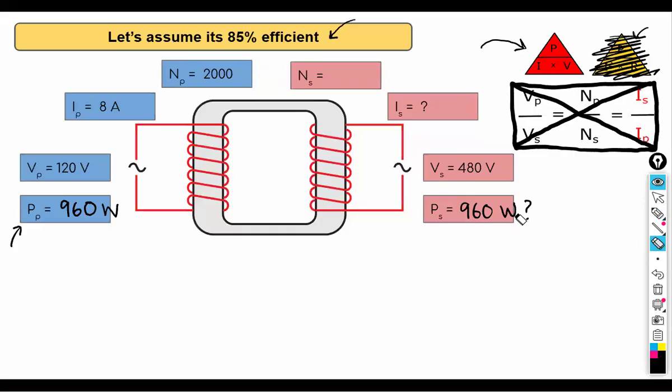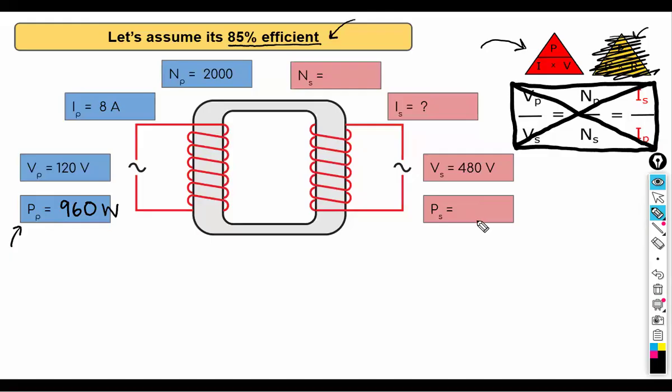So we cannot assume this. However, we could use regular boring maths to help us. 85% efficiency refers to the power, meaning only 85% of the power reaches the secondary side.